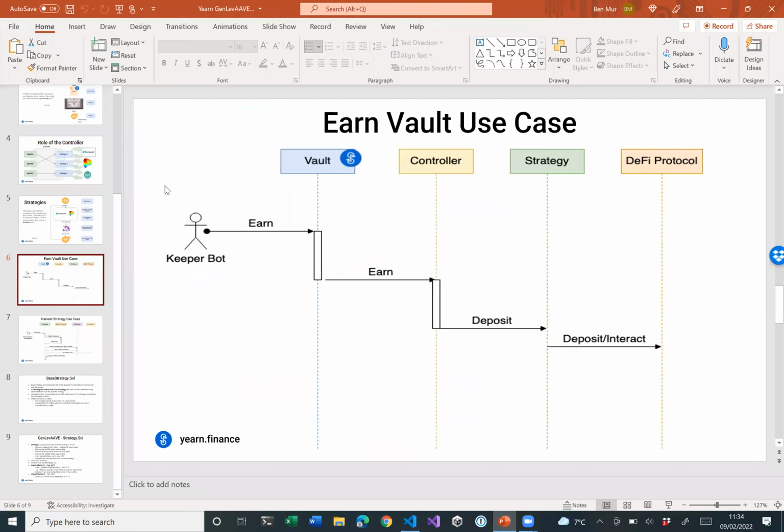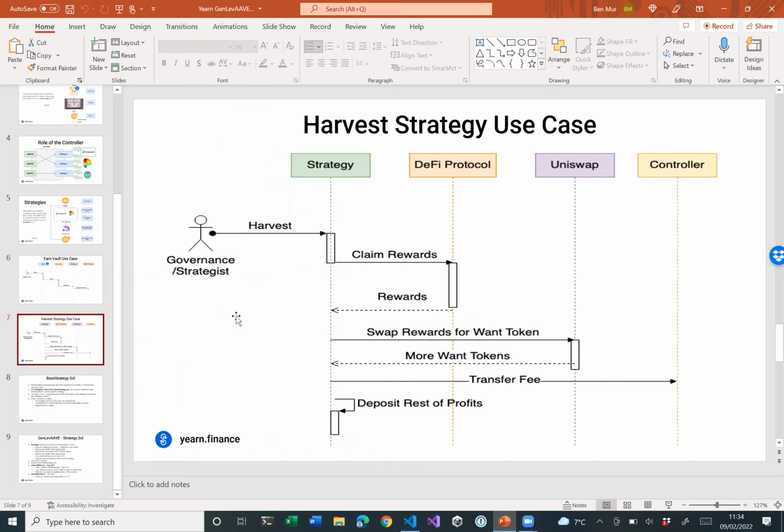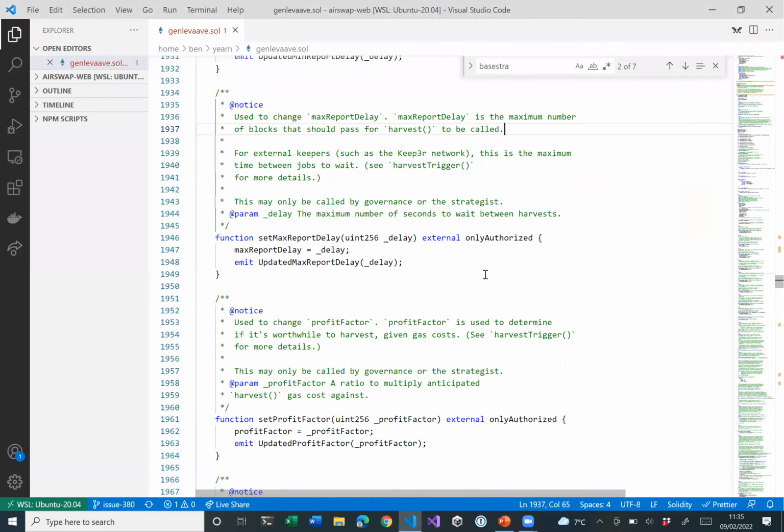Where is this one? Yeah, also, if I'm not wrong, I think the keeper's job is as well to check if the strategy is profitable in order to allocate it a certain amount of the tokens available in the vault. So maybe that's why they don't check for whether the strategy is profitable within the strategy code.